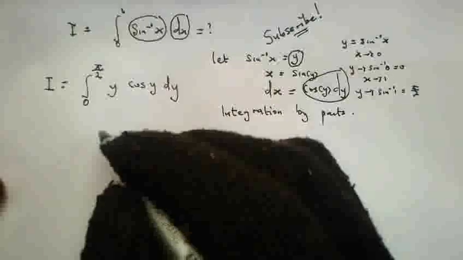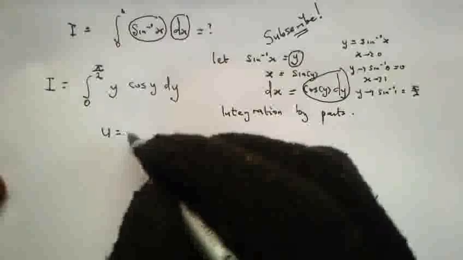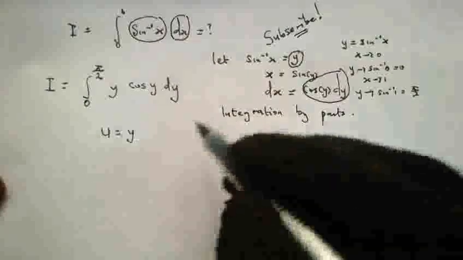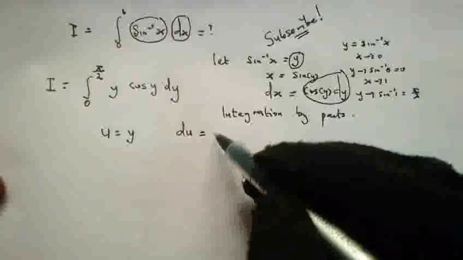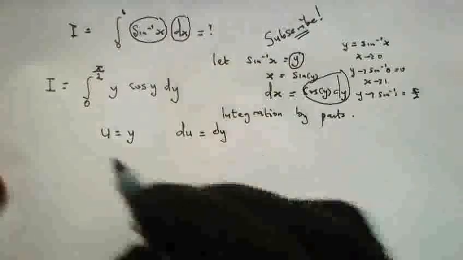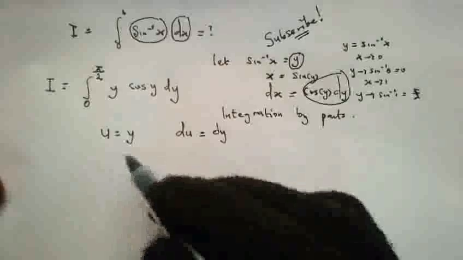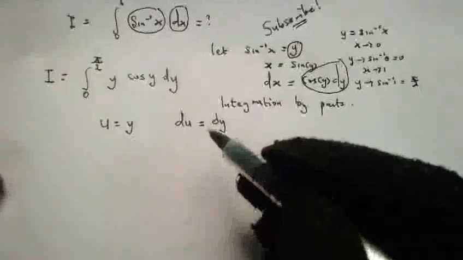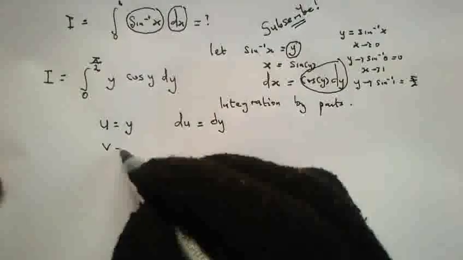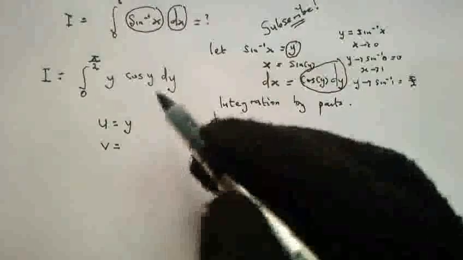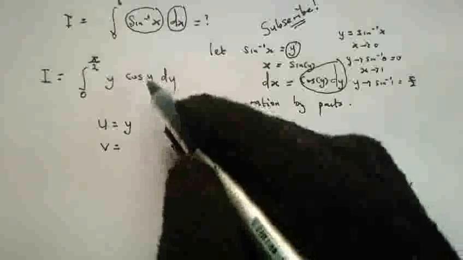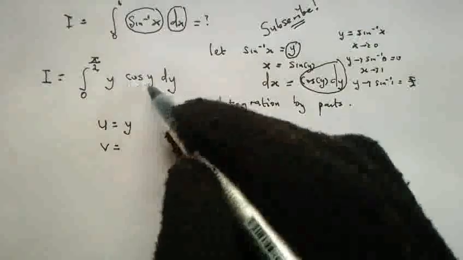Here we let u equal y. Differentiating both sides, we get du is equal to dy. Now what is going to be our v? Should our v be the cosine of y here? No, our v is going to be the integral of cosine y.